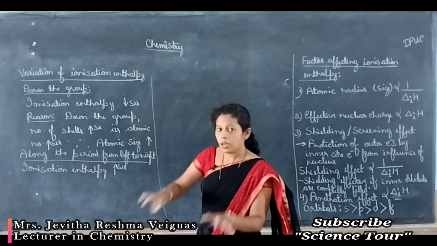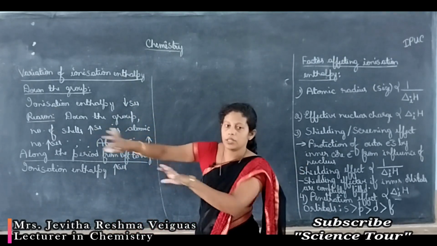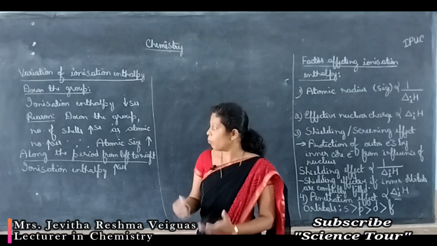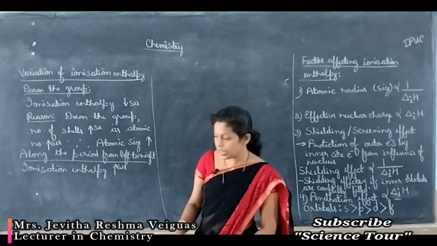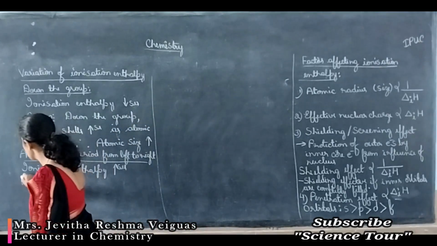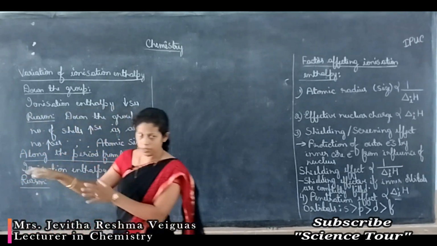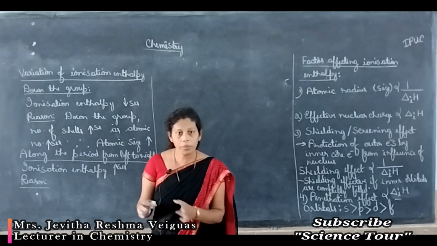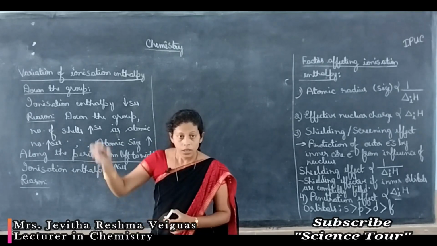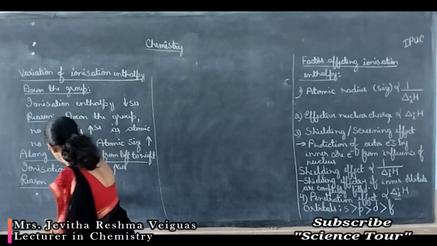Ionization enthalpy along the period from left to right goes on increasing. Why is it so? You already know. The reason is atomic size. As you move along the period, atomic number increases. Electrons are added to.